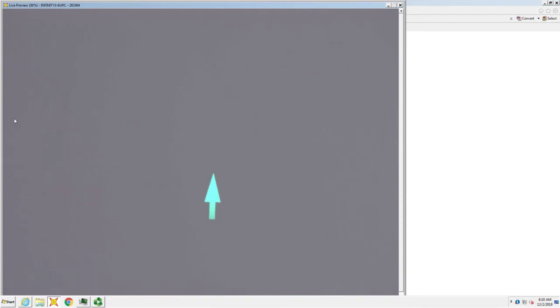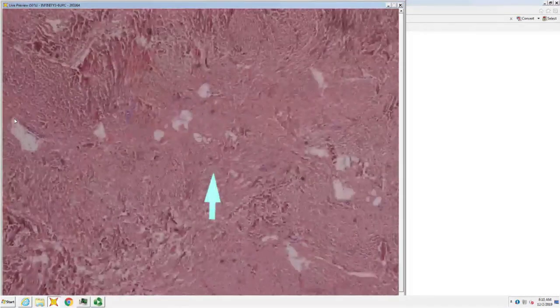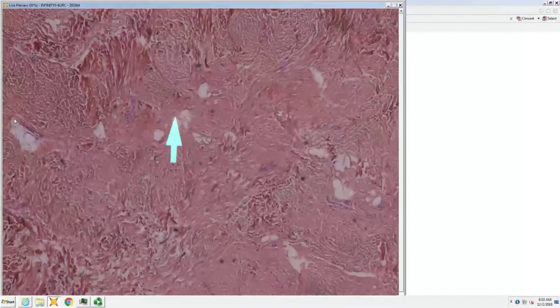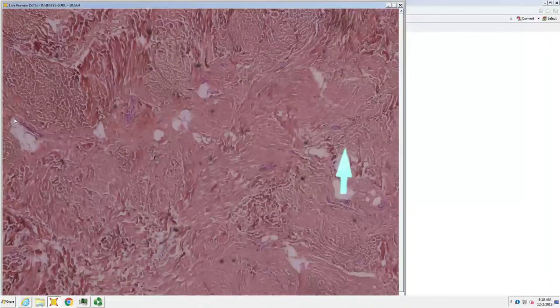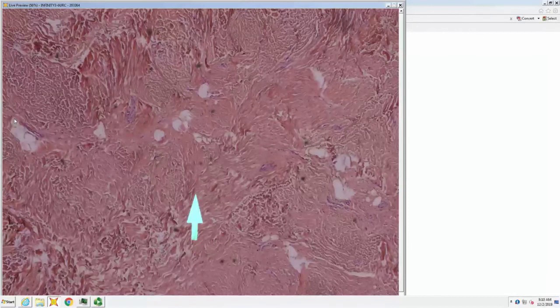Let's see what else we got here. Okay, again, you've got these intersecting fascicles. It's very hypocellular. It's not cellular with fascicles on an acral bump like a digital fibromyxoma.